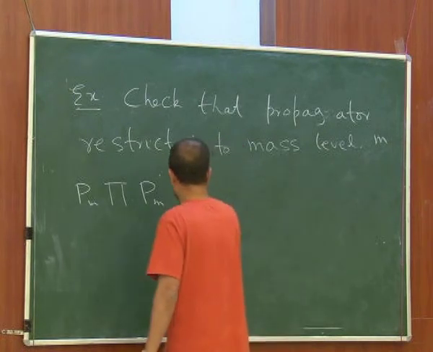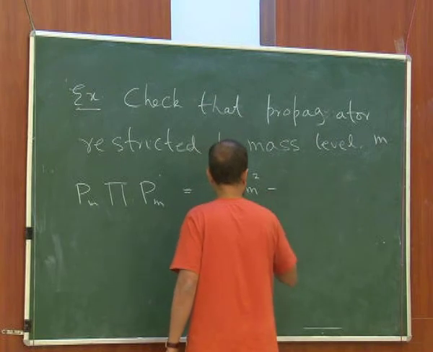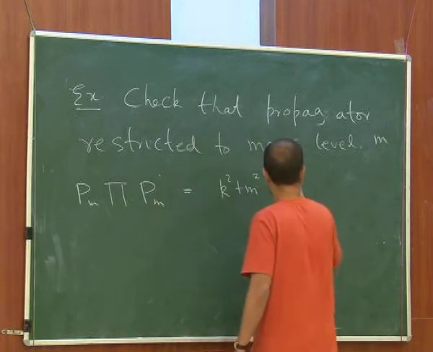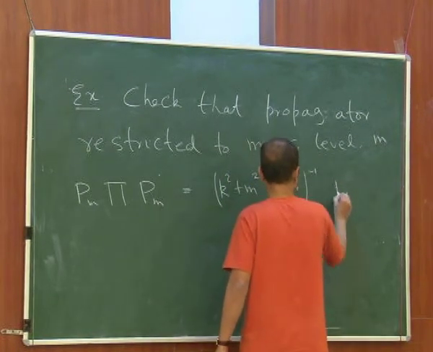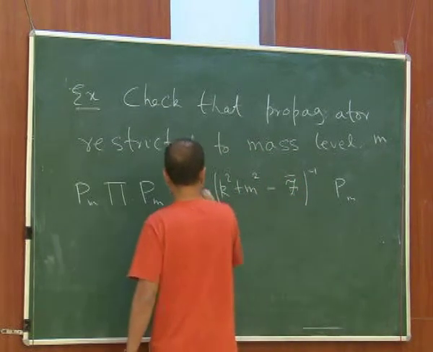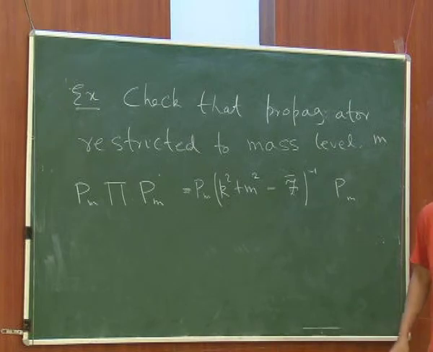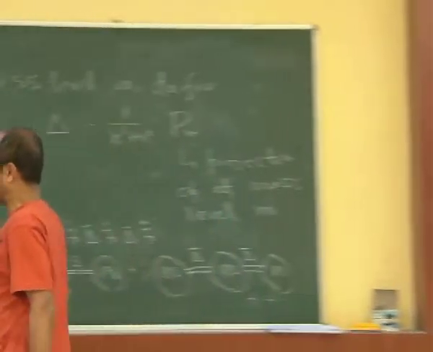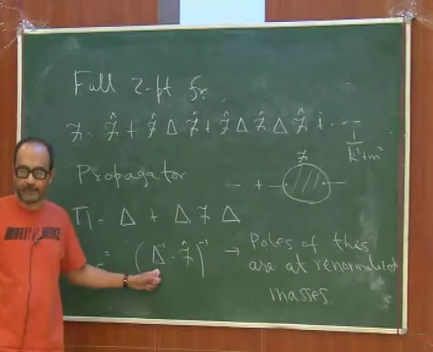So this is given by k square plus m square minus this f bar, and then there are two projections on both sides. Okay, this is the analog of this. Instead of delta inverse, because we are restricted to mass level m, we get k square plus m square.